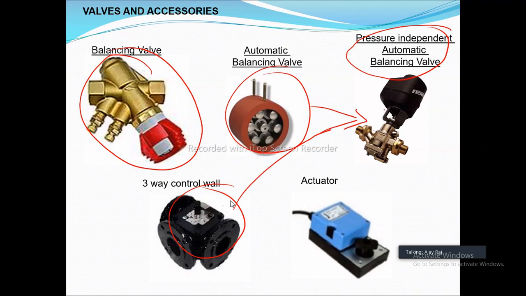What does this do? This basically controls the maximum flow as well as it can control as per the signal from your thermostat. So that's why it is called a pressure independent automatic balancing valve. This is a balancing cum control valve. I hope it is clear.